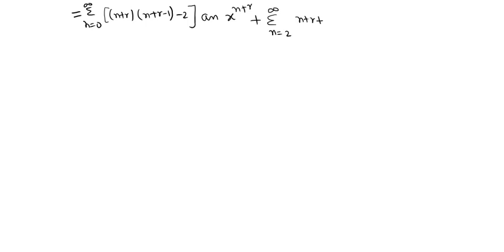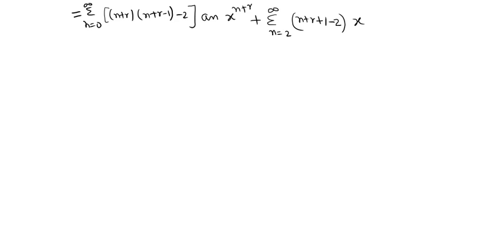Rewriting: the first sum is n equal to 0 to infinity of (n plus r)(n plus r minus 1) minus 2, times a_n x^(n+r). Then the second sum, n equal to 2 to infinity, has n plus r plus 1 with n replaced by n minus 2.